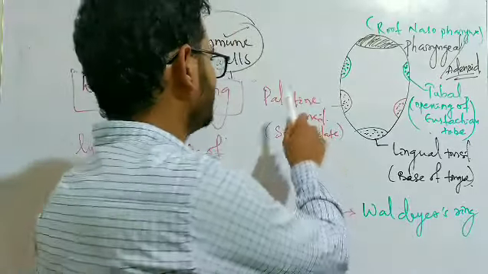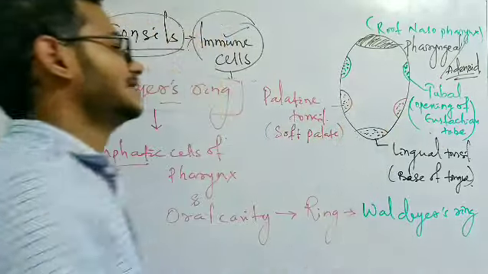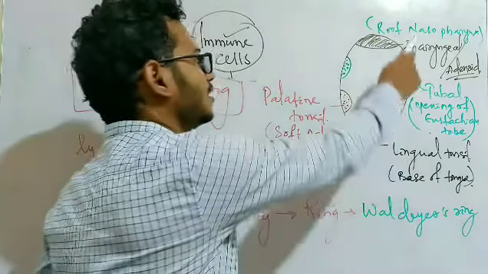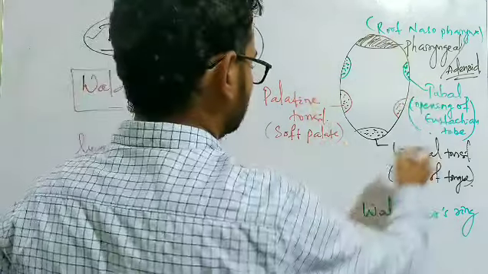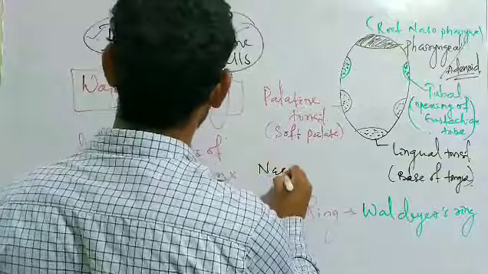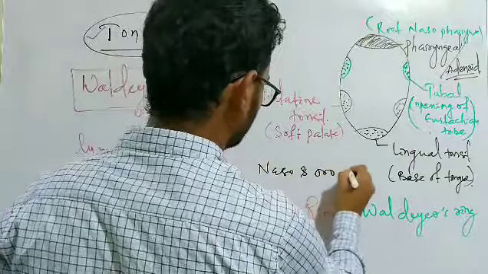And remember, palatine and tubal tonsil are present in pair, whereas lingual and pharyngeal tonsil are 1 in number, means they are present in single. This ring is surrounded by naso and oropharynx.